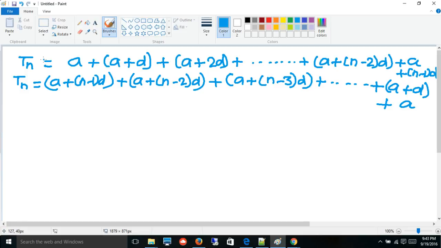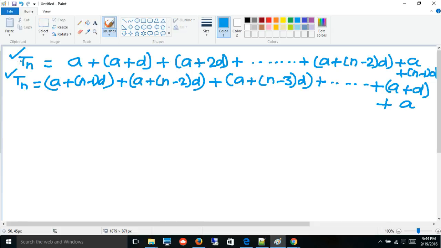So both are the same series, but I have written one series in the correct order and the second series in reverse order.